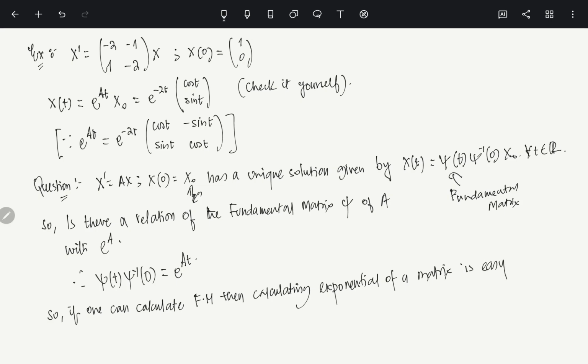Now please remember this thing, this actually holds only when it is constant coefficient. For a variable coefficient equation, you can of course write the solution in terms of the fundamental matrix, but you cannot have this. Clear? Okay, so phi of t, phi inverse of 0 is nothing but e power At. Clear? Okay, so with this I am going to end this video.